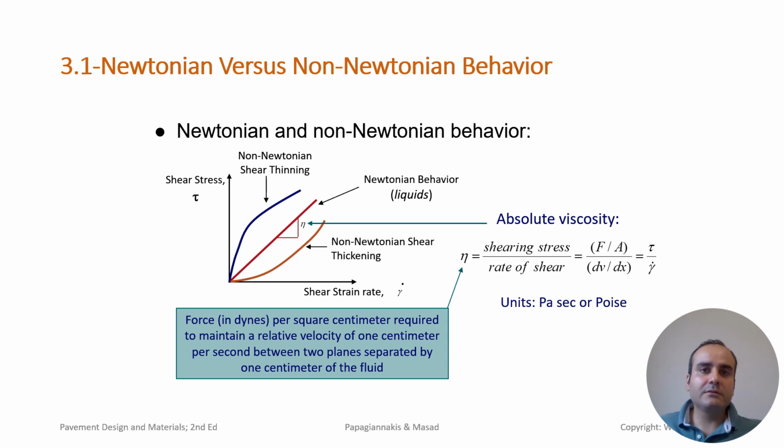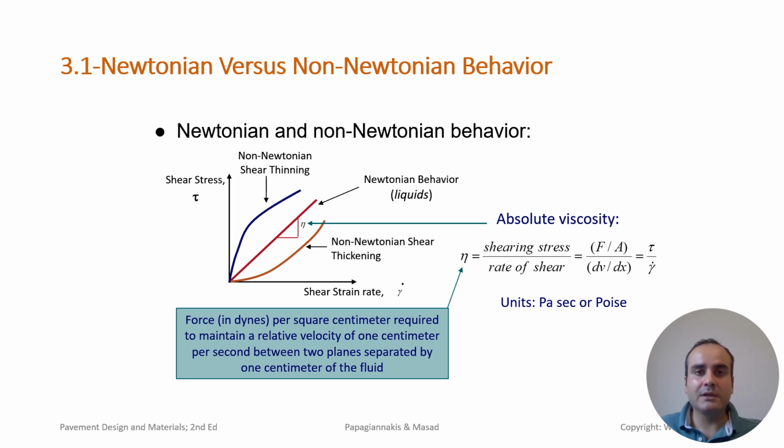In rheology, materials can behave in different ways under stress. Newtonian materials like water maintain a constant viscosity regardless of the applied shear strain rate. Non-Newtonian materials like asphalt binders exhibit viscosity that changes with the shear strain rate, which means they can behave differently under varying loading conditions.